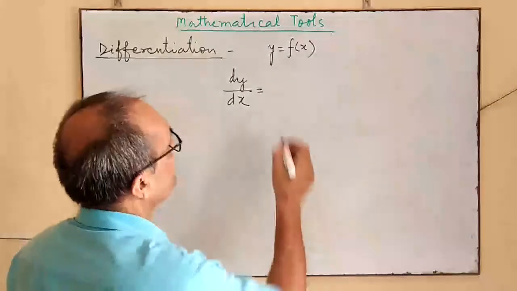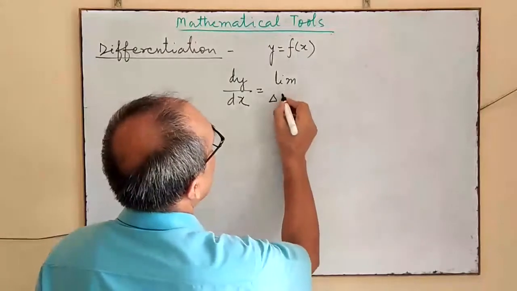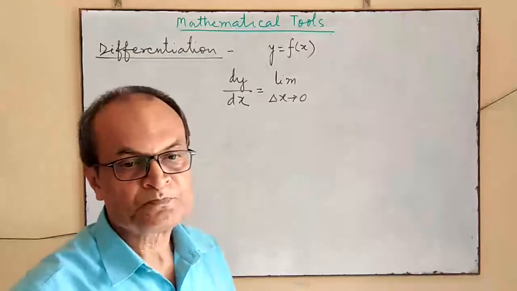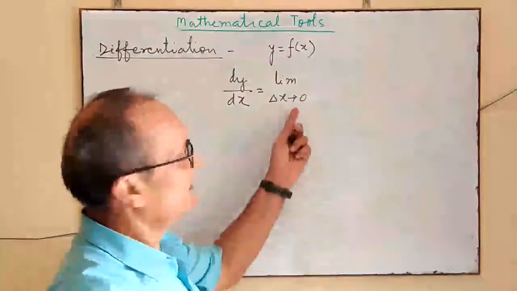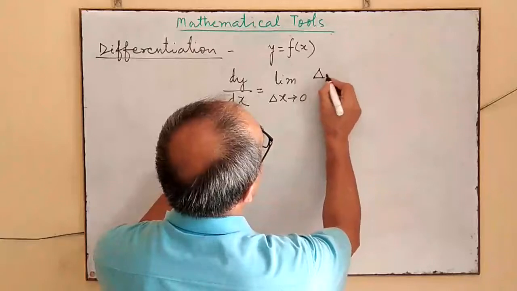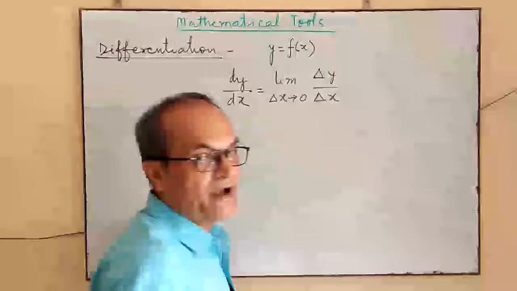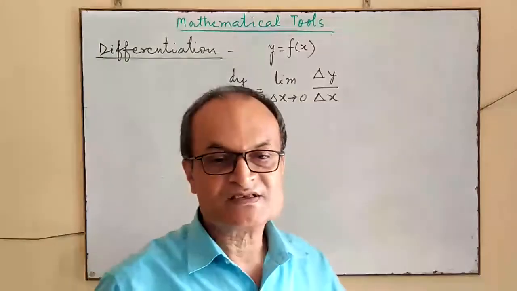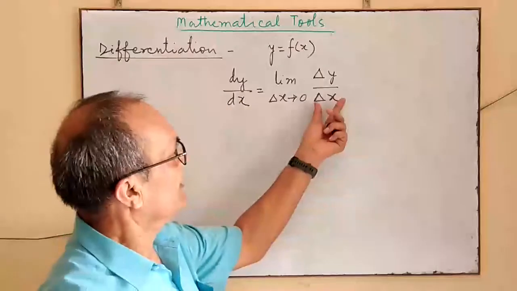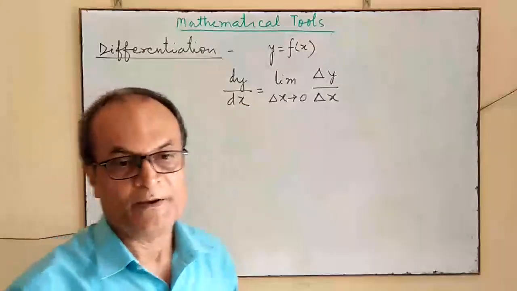This can be written as limit delta x tends to 0 of delta y by delta x. Delta x and delta y are the small changes in their respective variables, meaning delta x is the change in x and delta y is the change in y.